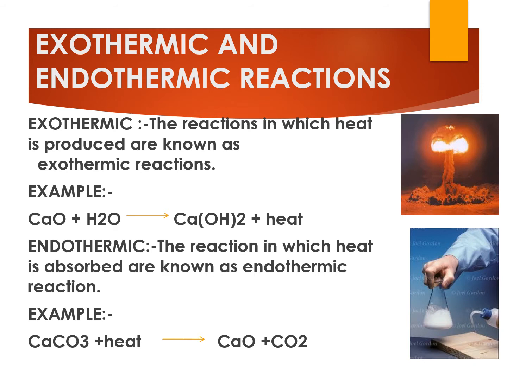One is exothermic, another is endothermic. The word exo has been taken from exit. Exit means coming out. The word therm is taken from heat. So any reaction in which heat is given out or heat is produced is called an exothermic reaction. The reactions in which heat is produced are known as exothermic reactions.